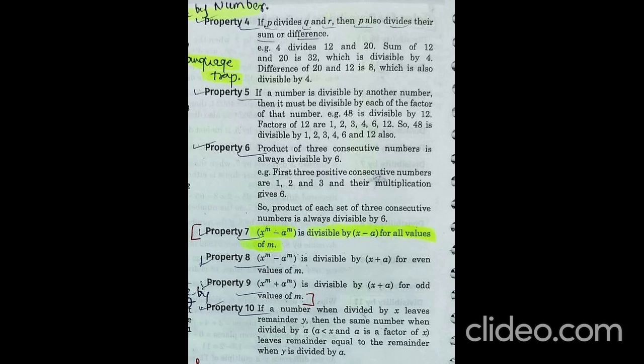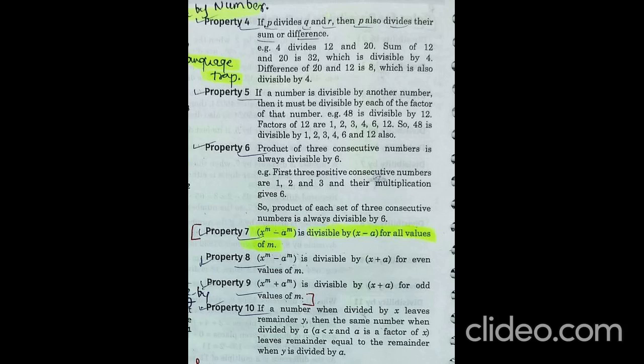Take an example. For example, 2 to the power 4 minus 3 to the power 4. Now it is definitely divisible by 2 plus 3, which is 5, right? So again remember this thing.